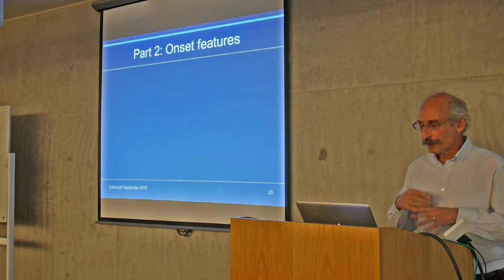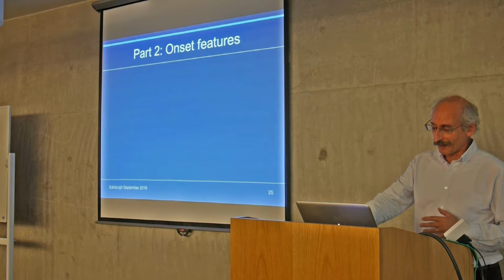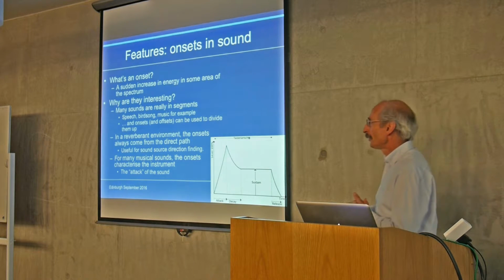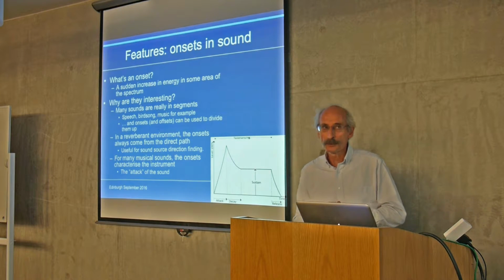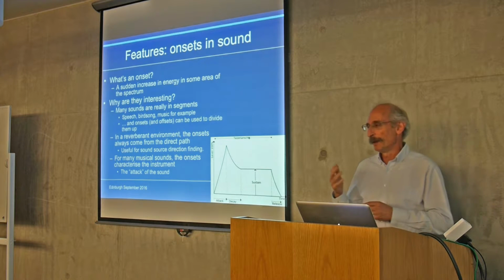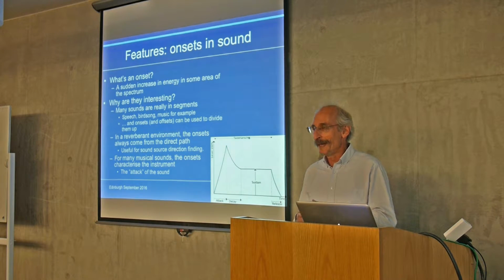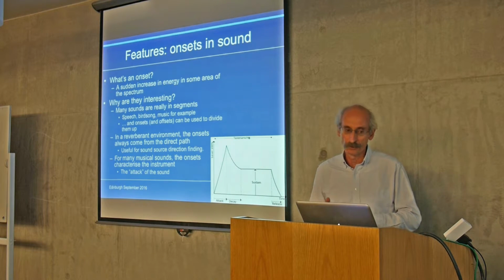Okay, so now I'm going to say a bit about onsets. I've been interested in onsets for a long time. I've been interested in onsets because, well, there's a number of reasons. The first one is that in the biological system, if you look at anything in the auditory system, it's generally very sensitive to onsets.